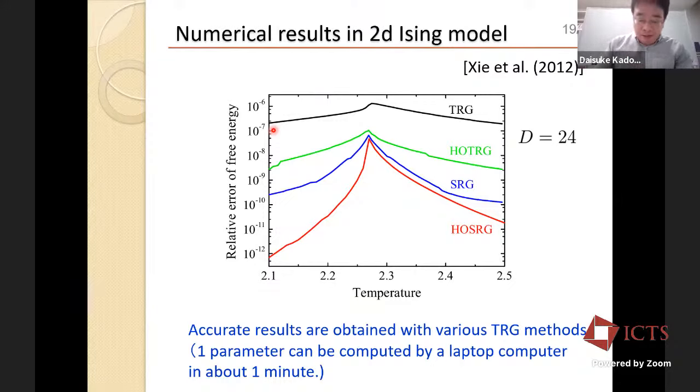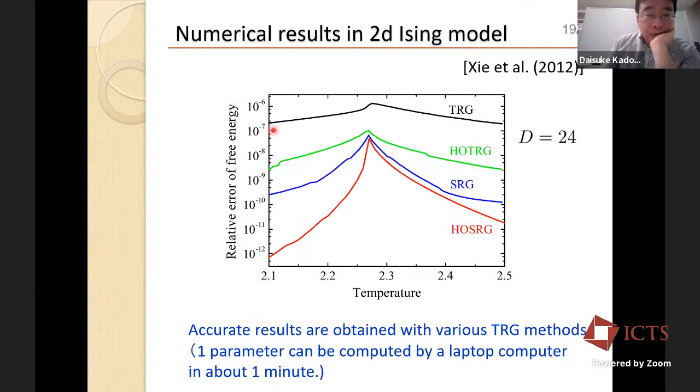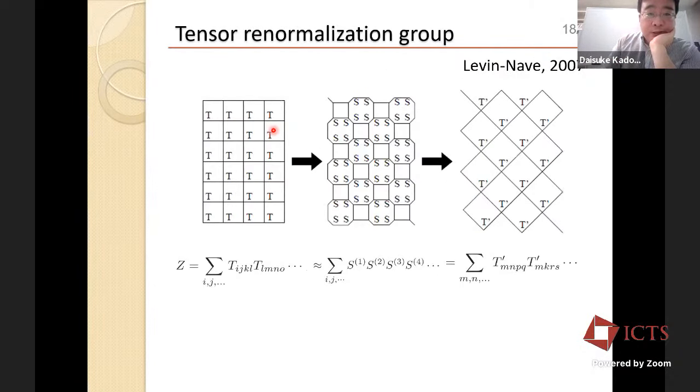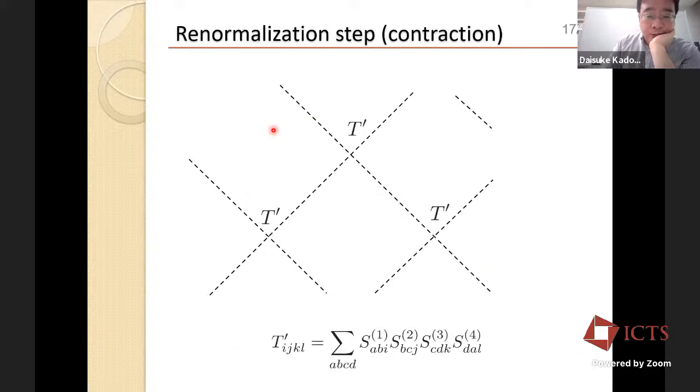Okay. So I summarize the properties of TRG. The renormalization procedure consists of two steps. One step is decomposition of tensor. The other is contraction of tensor.